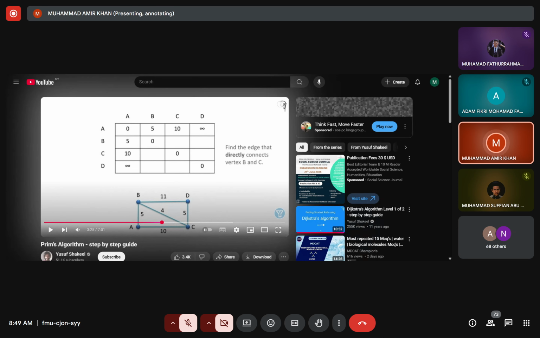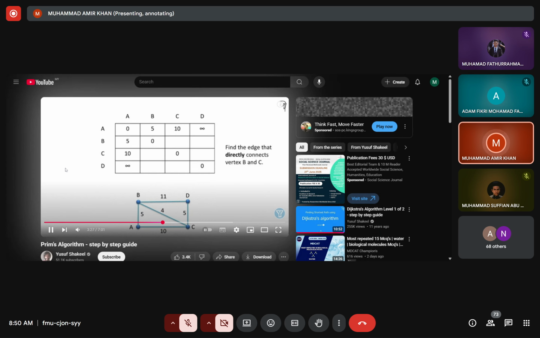First, we have written just 0 in the same cells: AA, BB, CC, DD. Then we start with AB and BA, same, 5. And then AC will be 10, CA will be 10. And AD, we don't have any direct link. We write infinity in the place of AD and DA. Next, we find the edge B and C. B and C is 4.